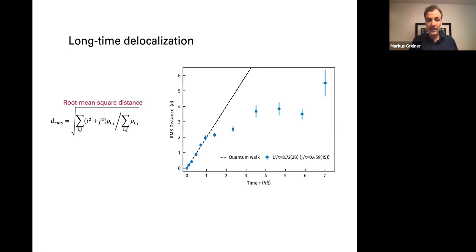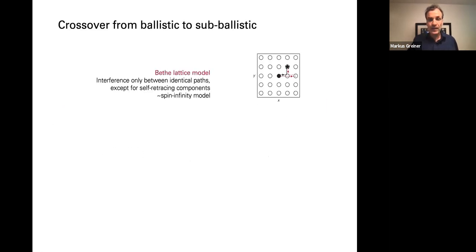But if you go beyond that, then it looks, and I mentioned already why, it looks very different. We can actually compare it to a nice model, where you assume, in the extreme case, that you can distinguish all the different paths, and that gives rise to a Bethe lattice model.